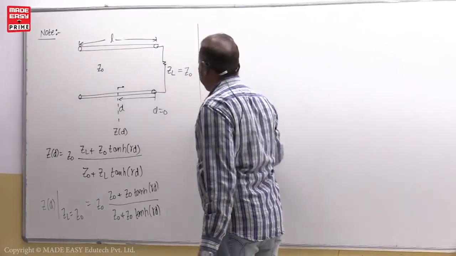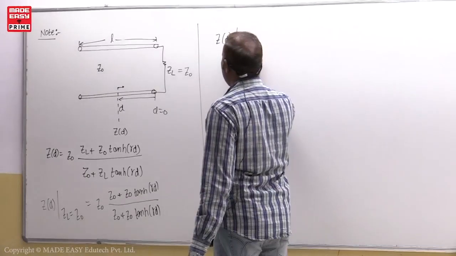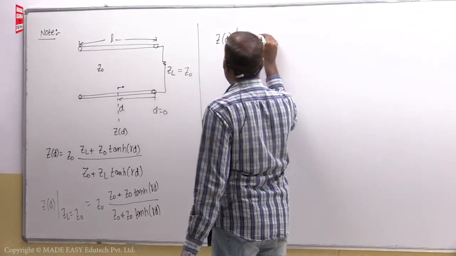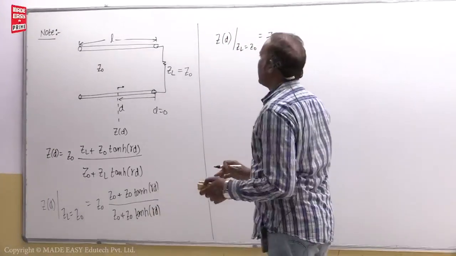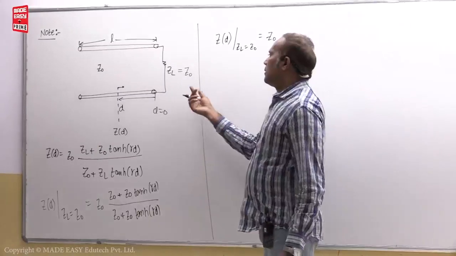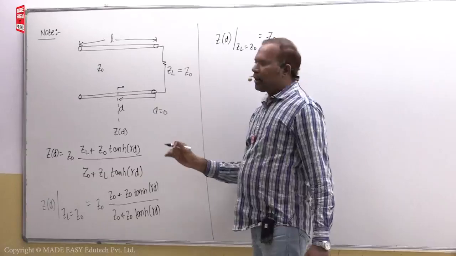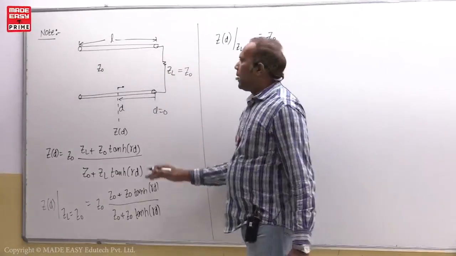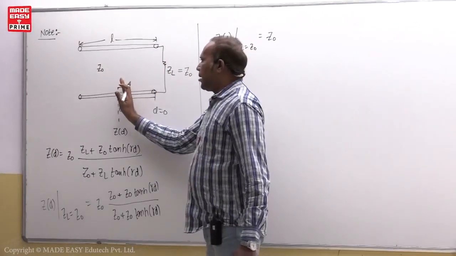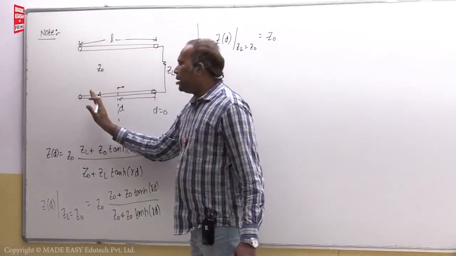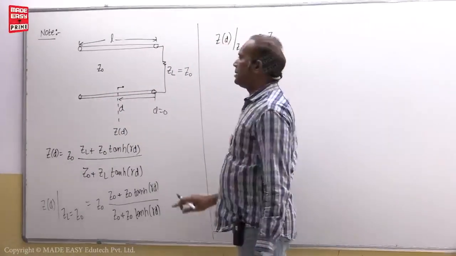Ultimately, you get Z at any distance of the transmission line, when ZL is equal to Z0, is Z0. Conclusion is that if the load is matched with the characteristic impedance, then at the load as well as at distance d as well as at the input, independent of the distance, the transmission line impedance is equal to Z0.